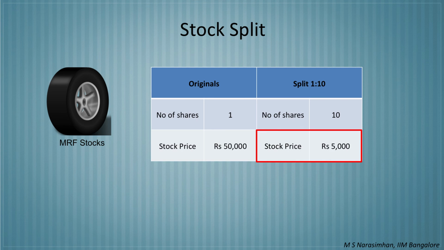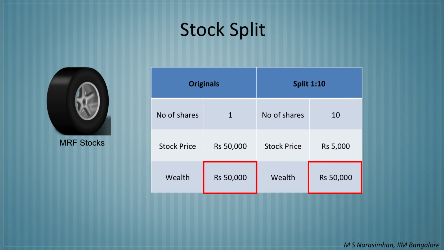The MRF stock prices will now decline from 50,000 to 5,000. This improves liquidity. Remember, there is no change in your wealth. When the company issues the bonus shares or a stock split, it also communicates that it is doing well. This information content will have some positive effect on the stock prices.